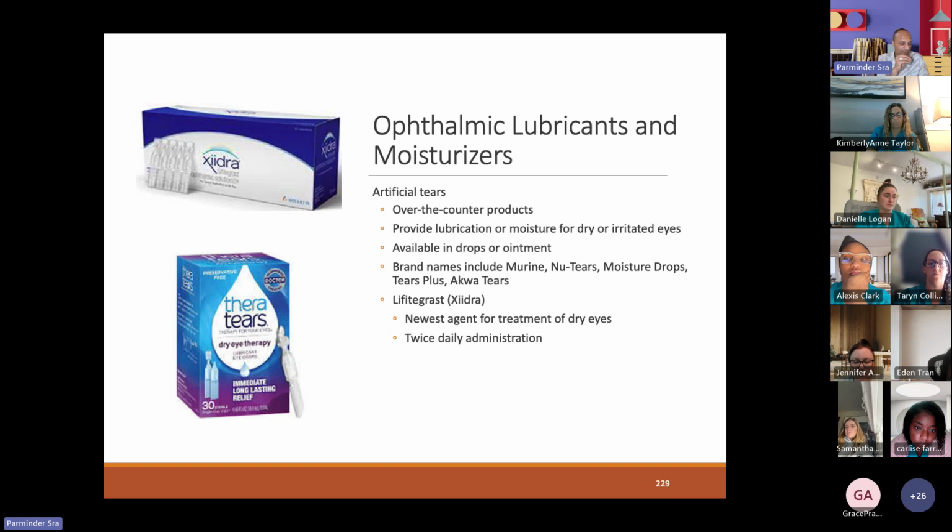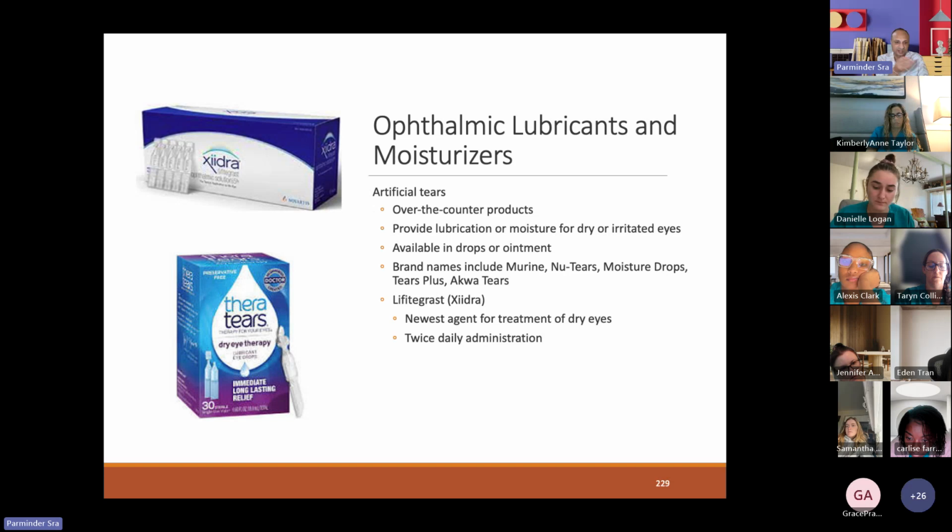Okay. Always recommend the preservative-free ones, and single dose ones are better. They're gel drops, ointments, and can prevent or treat the symptoms of dry eye because there's insufficient tear production or poor tear quality.